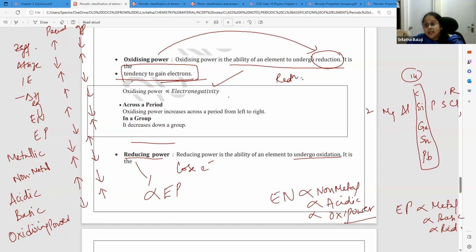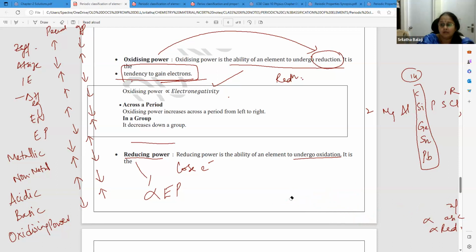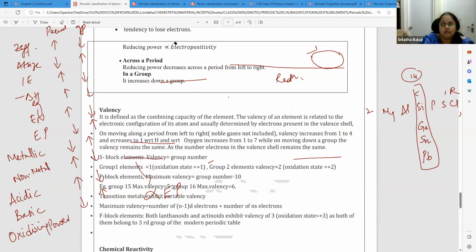Non-metals are powerful oxidizing agents. Are you getting this now? So that's about the periodic properties fundamentally.